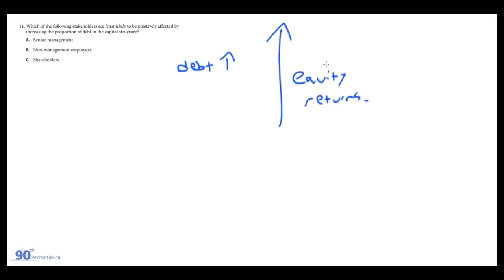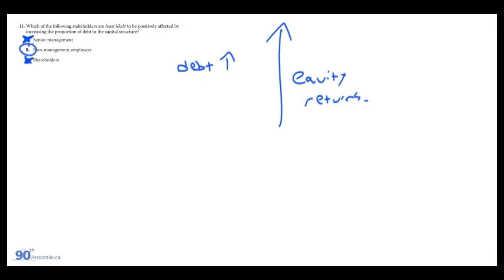Because you have to put less cash up front, you finance a business with debt, you get a bigger return on your equity. So this is going to benefit shareholders for sure, because like I said, higher return on equity, higher share price, all that. And it will also benefit senior management in most cases where their compensation is tied to growth of the company, shareholder returns, certain metrics, etc.